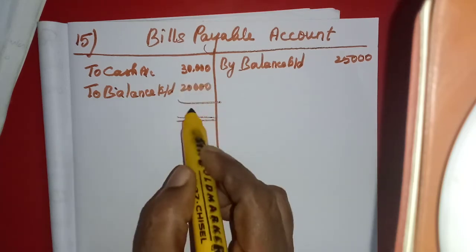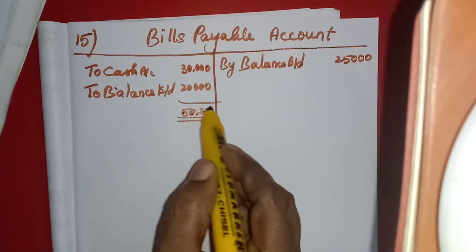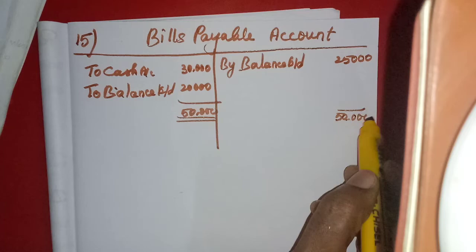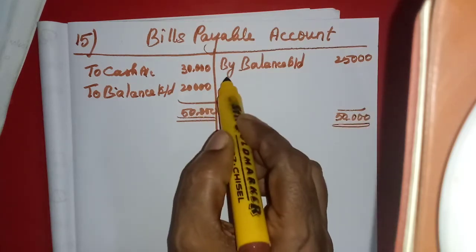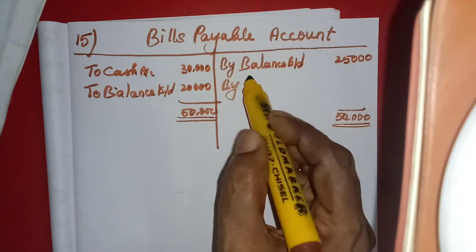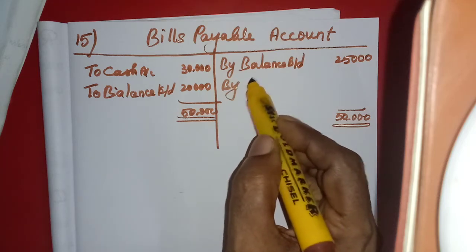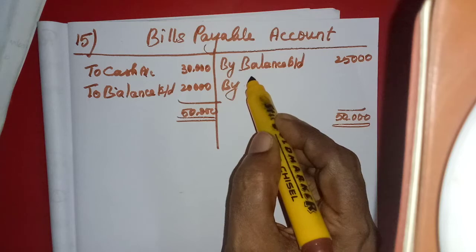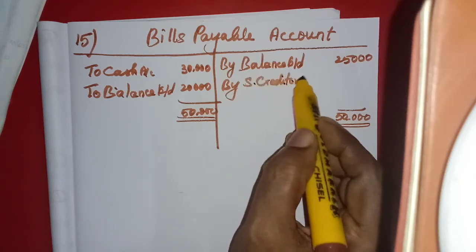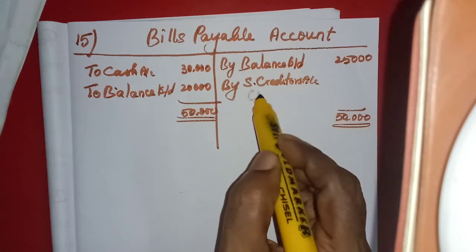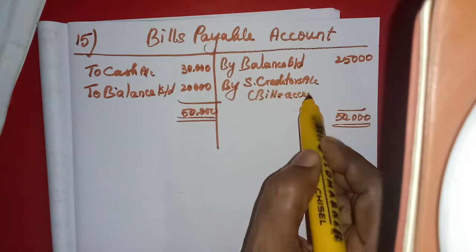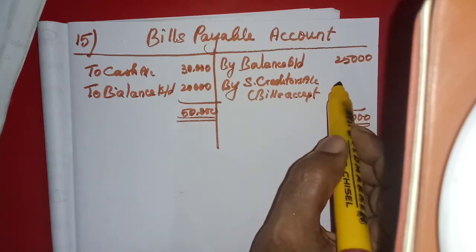So balance here 50,000, here also 50,000. So balance by sundry creditors account, bills accepted, you have to write. Balance will be 25,000.